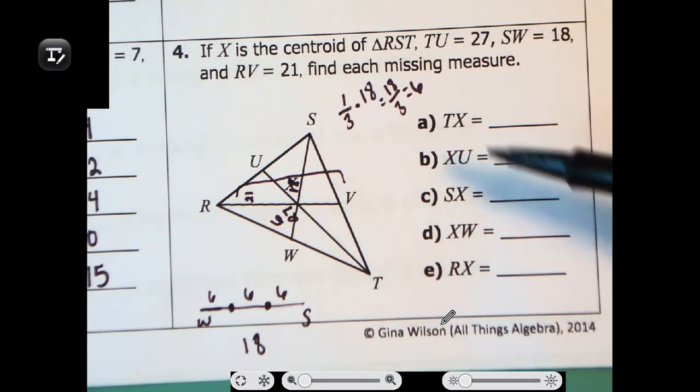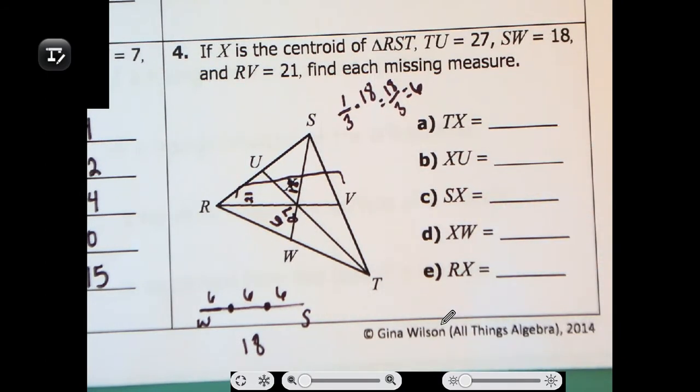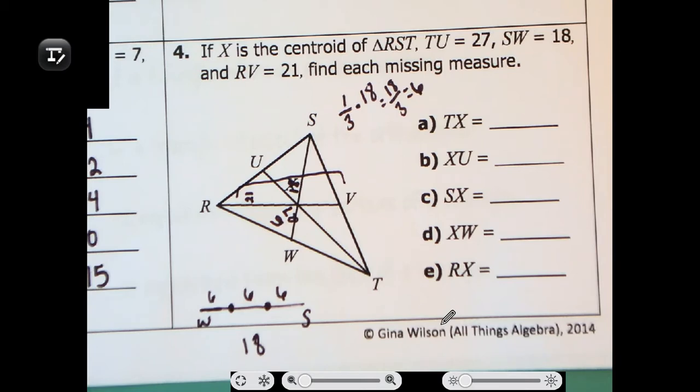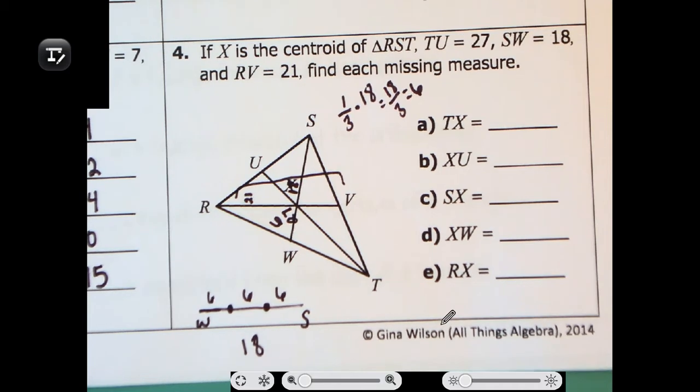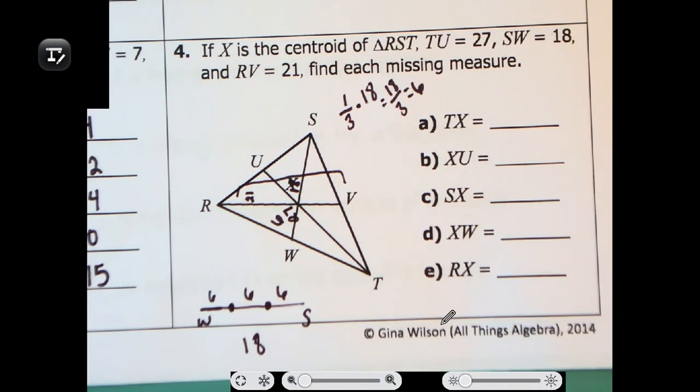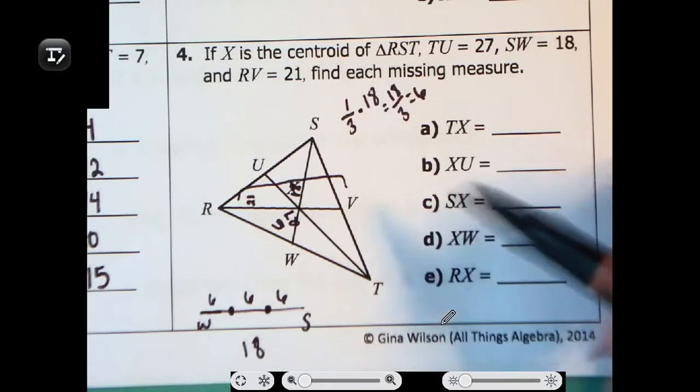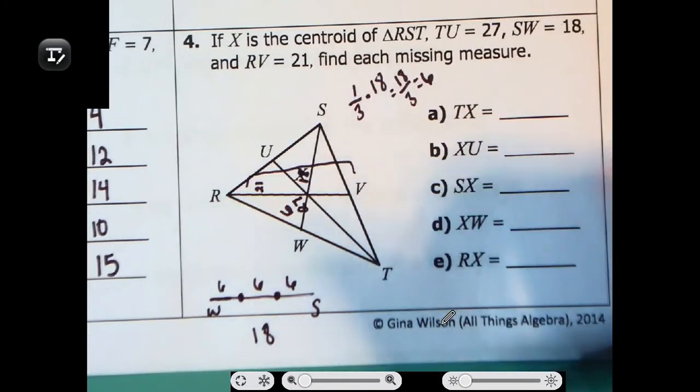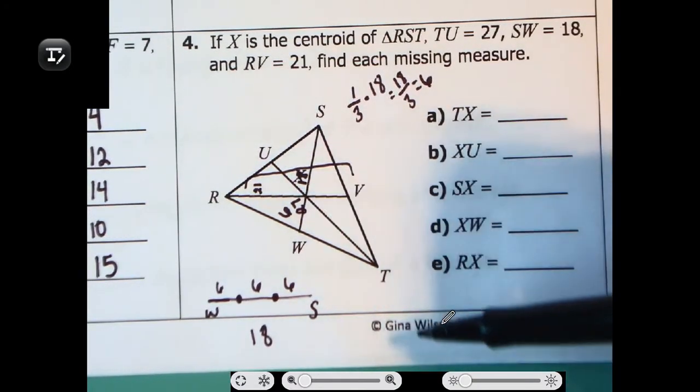Let's look at TX. So with TX, that's going to be the longer part of TU, which they told us was 27. So if I think of dividing 27 by 3 again, then I can figure out what the shorter part is and then the longer parts. So you can also take 2/3 of 27. I find that to be just a little bit more work. So I'm going to look at the fact that TU, this whole thing is 27.